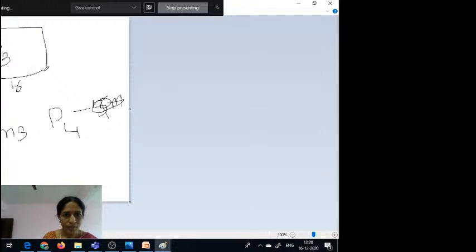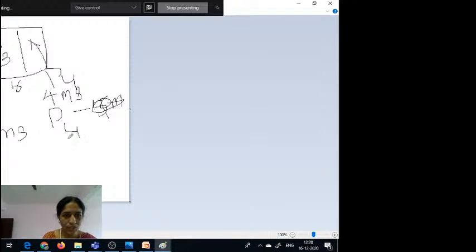That means P4 enters the ready queue with the minimum burst time of 4 milliseconds, so executing P4 requires only 4 milliseconds.